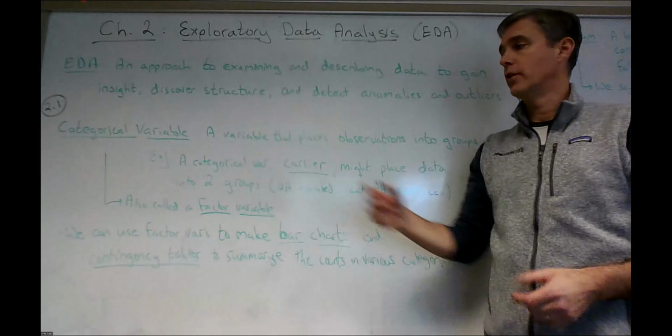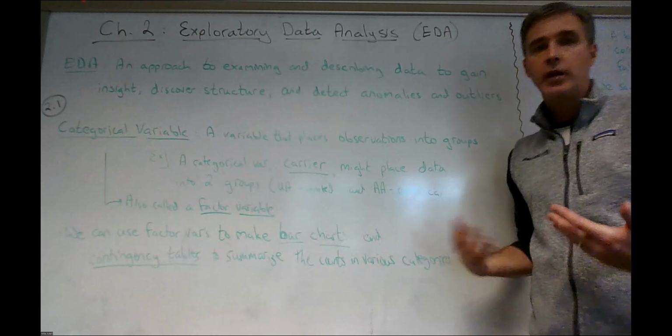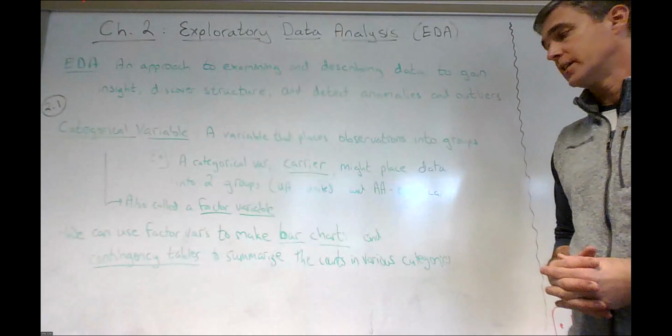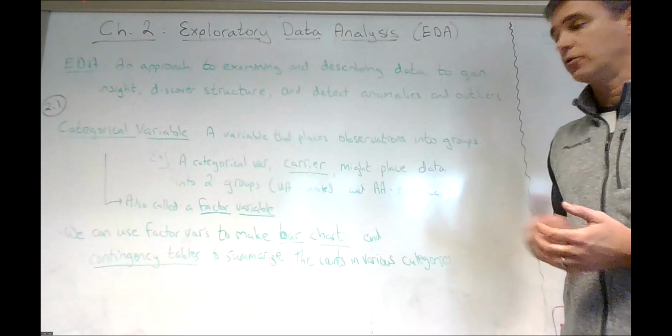These categorical variables are also called factor variables, okay? And we can use factor variables to make bar charts and contingency tables to summarize the counts under these categorical variables in various ways. And I'll do an example in R in a minute, okay?